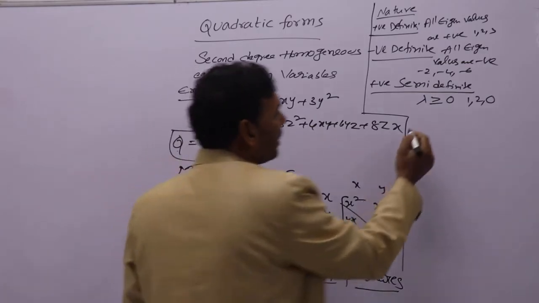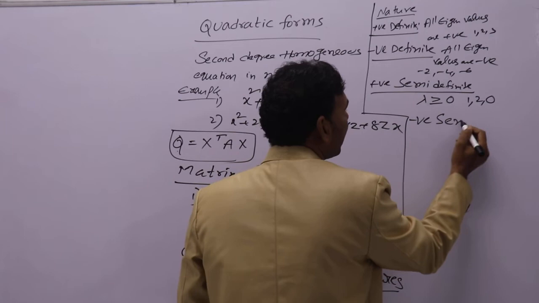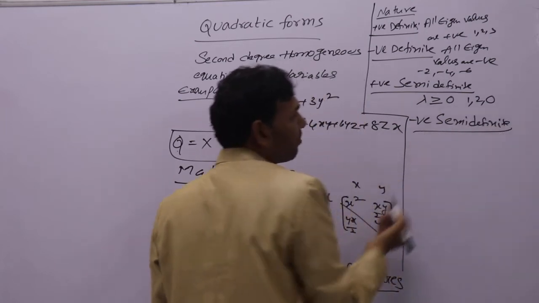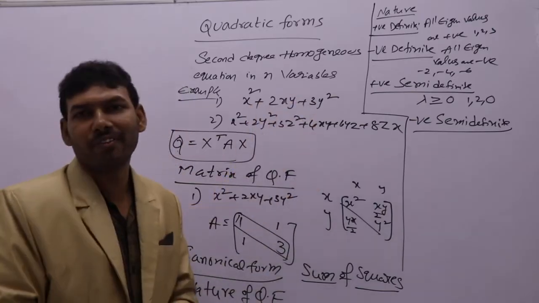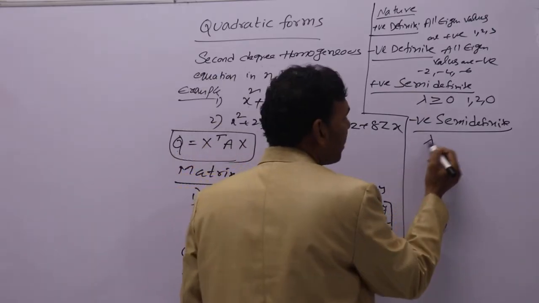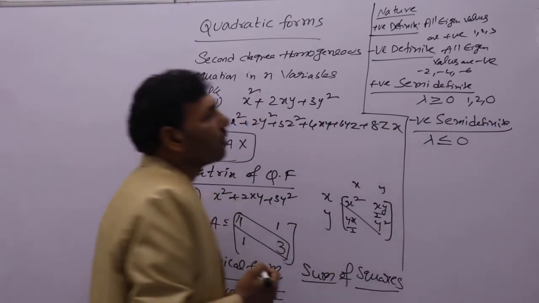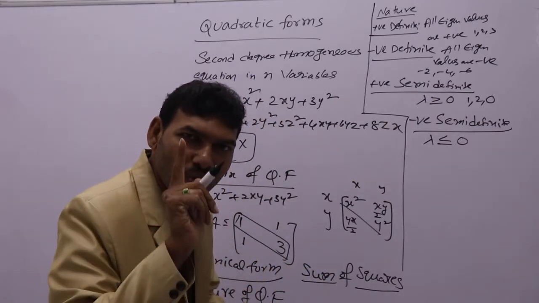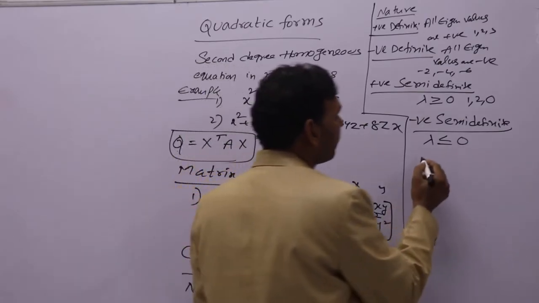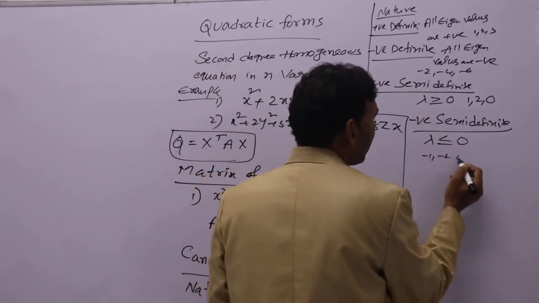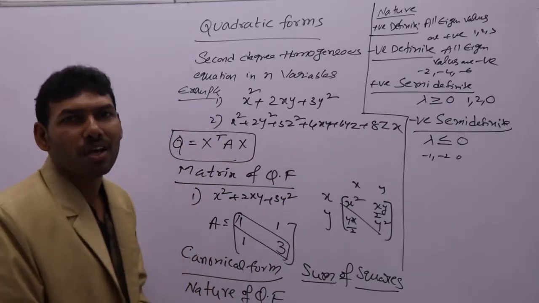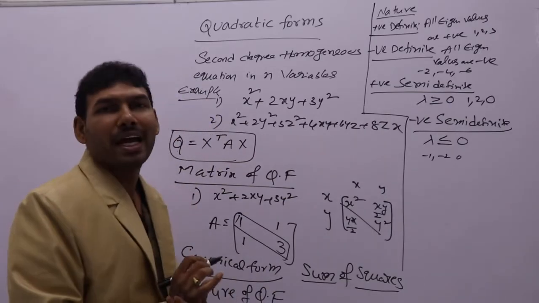Like that, negative semi-definite. Like positive semi-definite, here the eigenvalues should be negative, and along with negative values, you should have at least one 0. That means the eigenvalues are like this, -1, -2, 0. Then we say the nature of quadratic form is negative semi-definite.